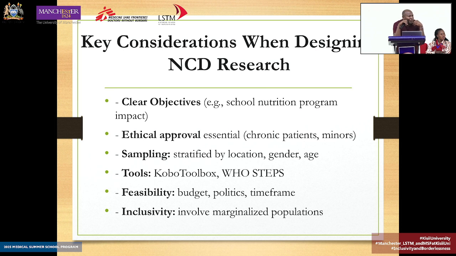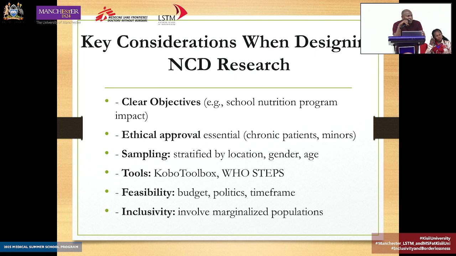Key considerations when designing NCD research. You must have clear objectives. For example, school nutrition program impact. What do you want to achieve at the end of the day? Then you must have clear, as we said, SMART objectives to guide you in that.